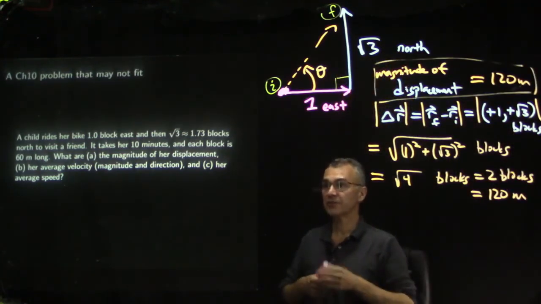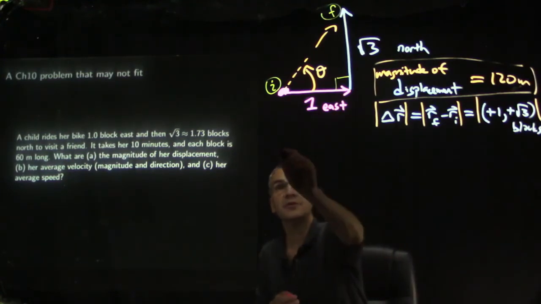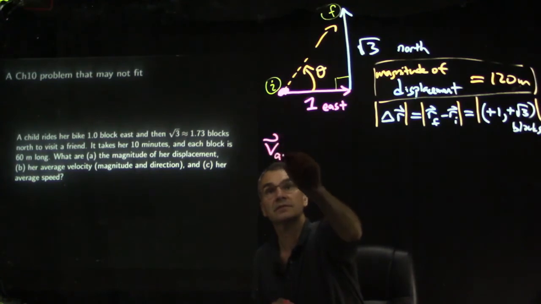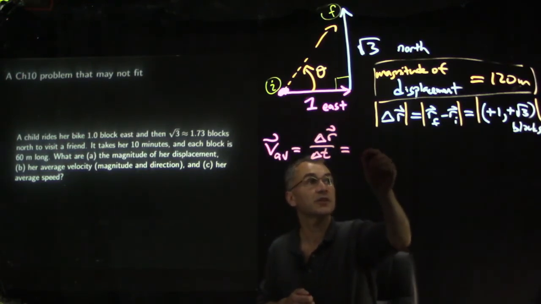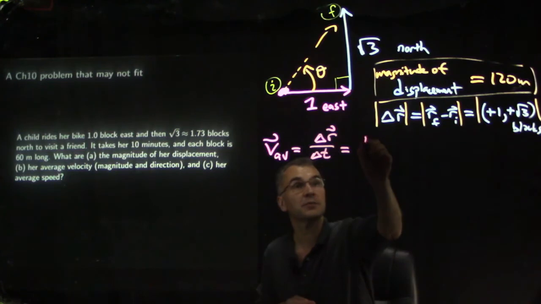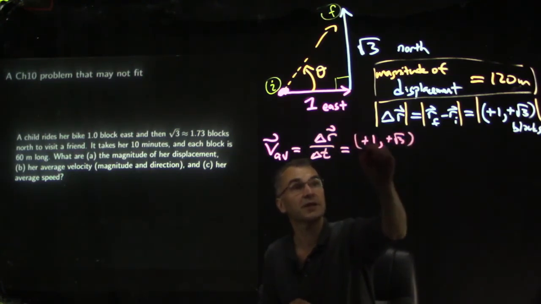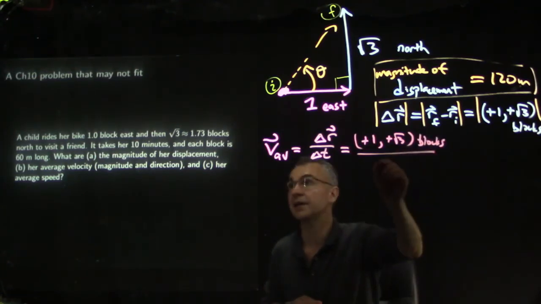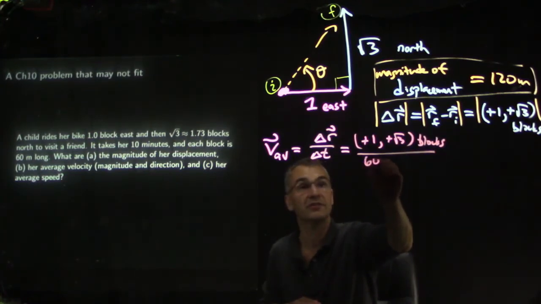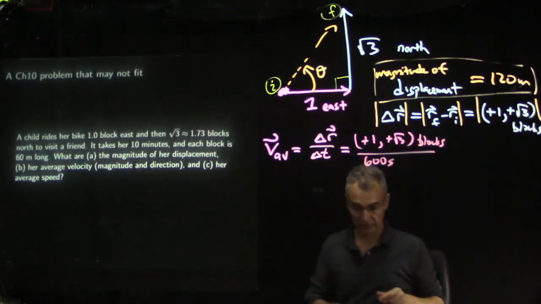Her average velocity. So her average velocity is her displacement divided by the elapsed time, which is this vector plus 1, plus square root of 3 in vector form blocks, we could convert it to meters if we wanted to, divided by 10 minutes, which is 600 seconds. But now we actually want the magnitude of her average velocity.